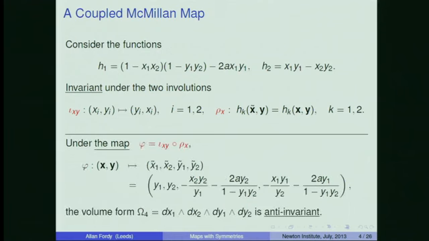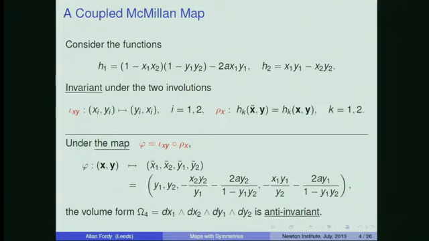And if you do that, you create a map which is a composition of these 2 involutions. They don't commute, these involutions, and therefore you have a map which generates an infinite orbit.